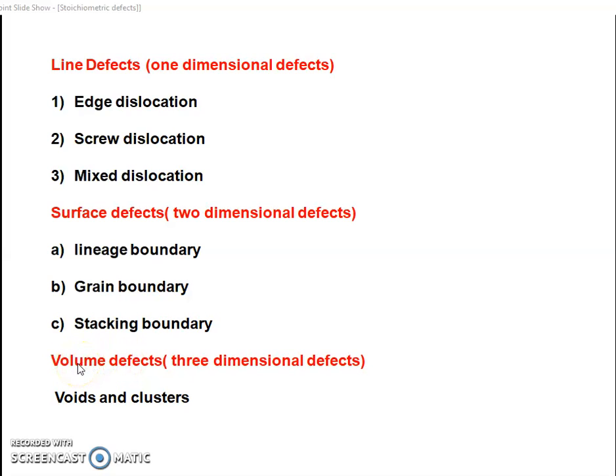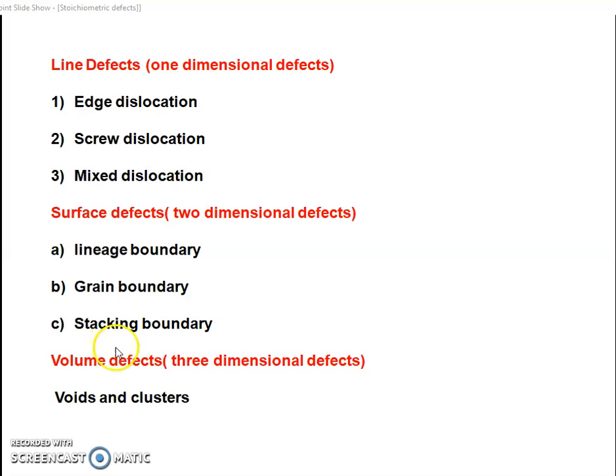Next are volume defects, another name for which is three-dimensional defects. The types present are voids or clusters. So in total four types of defects are present in crystals.